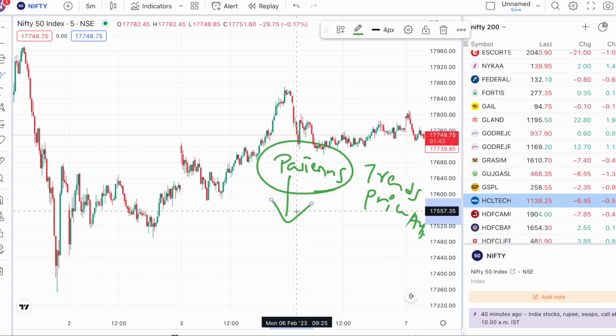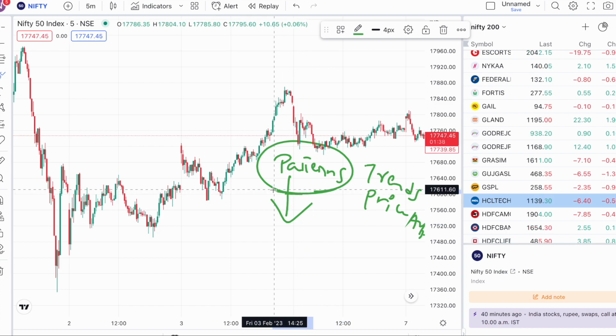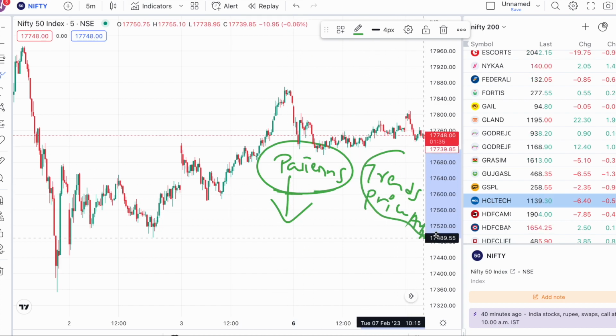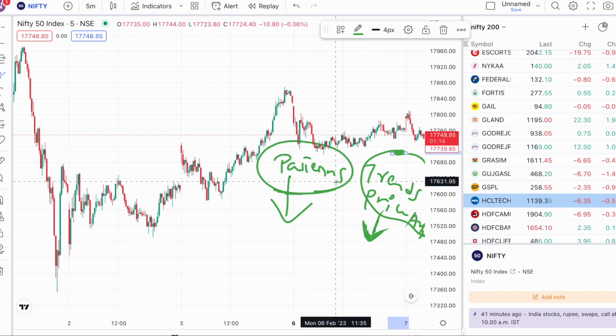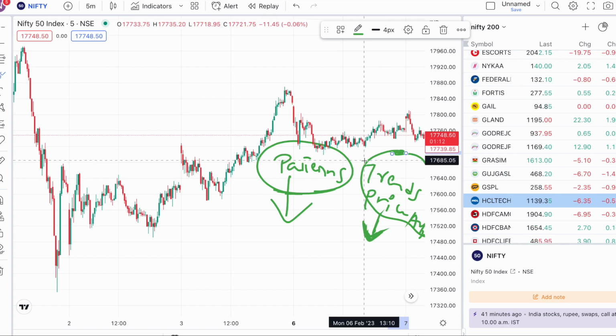Because following patterns is easy. Anyone can follow patterns, right? But understanding the real concepts is hard. So if you focus on the real concepts, at first you'll have some hurdles, but once you get a basic understanding of the logic, you'll be able to trade in an artistic way, in a beautiful way.